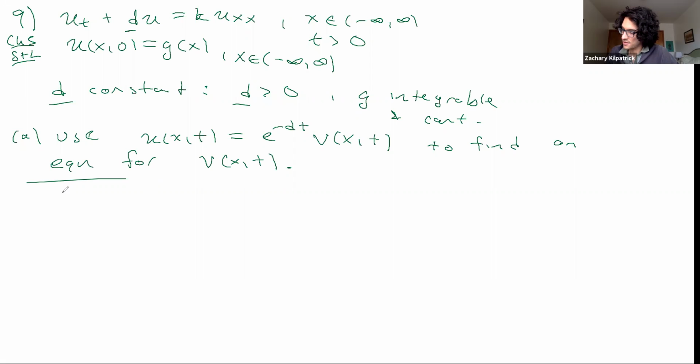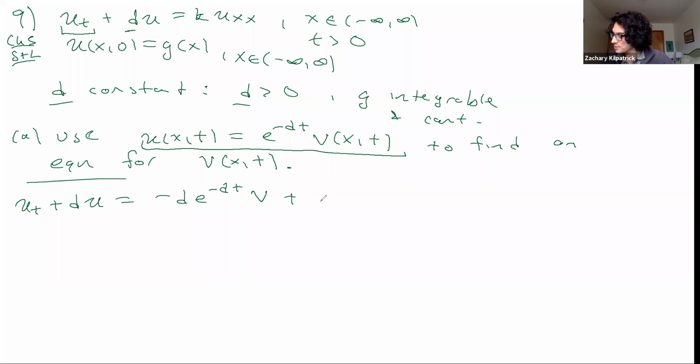So if we plug this into our PDE, then we have that u sub t plus d u is equal to minus d e to the minus dt v, the first part of the product rule there, plus e to the minus dt v sub t, plus d e to the minus dt v, is equal to, and then it's straightforward here because e to the minus dt does not involve x at all. We just get e to the minus dt v sub xx.